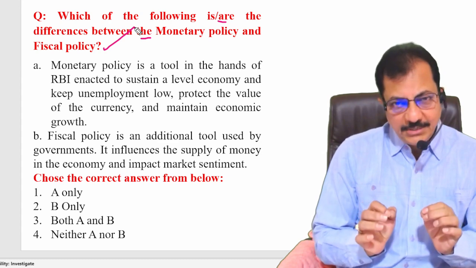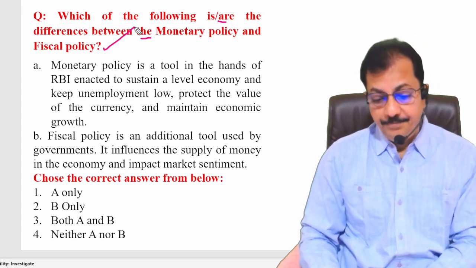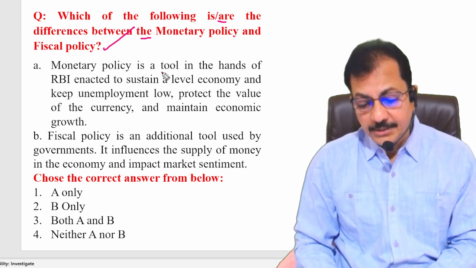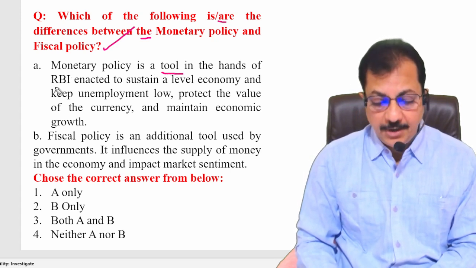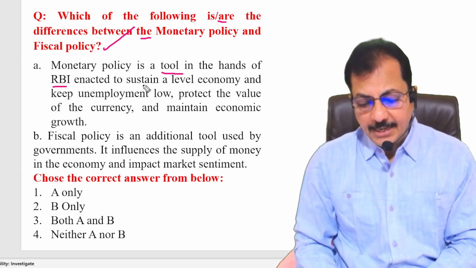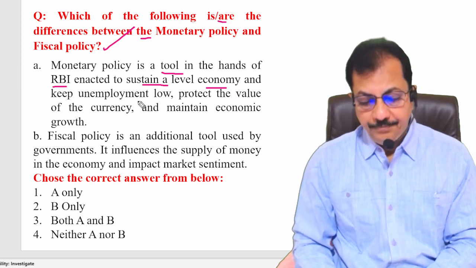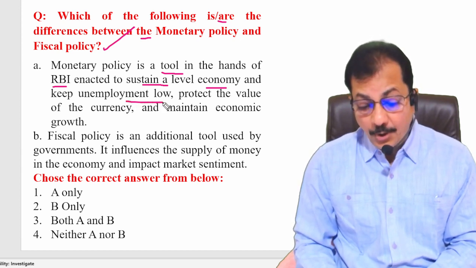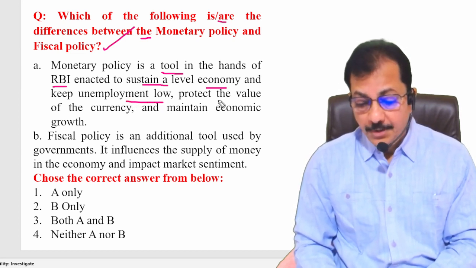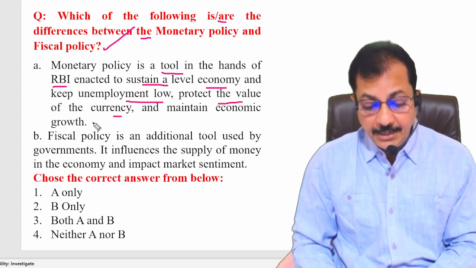This is what we have discussed in the beginning of this class. Now let's try. Monetary policy is a tool in the hands of RBI. We agree till now. It is enacted to sustain a level economy and keep unemployment low. Protect the value of the currency. And maintain economic growth.